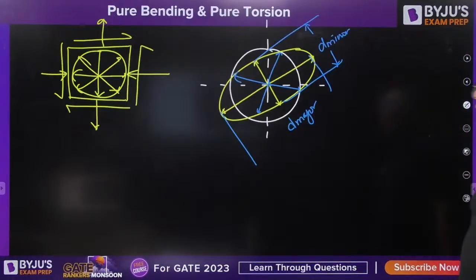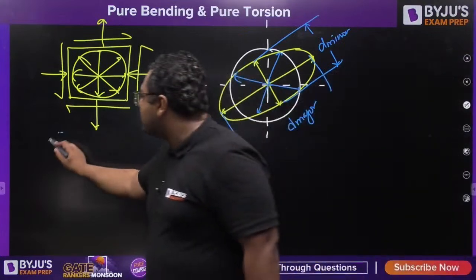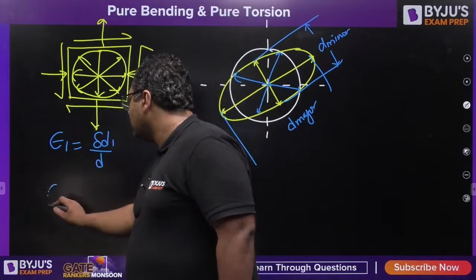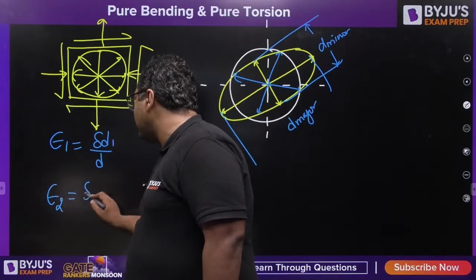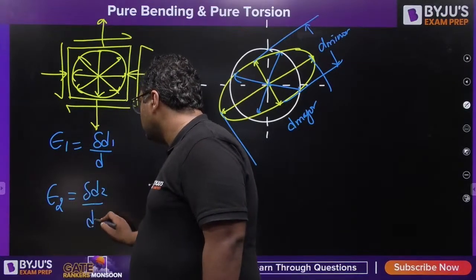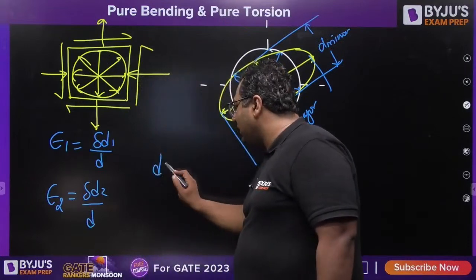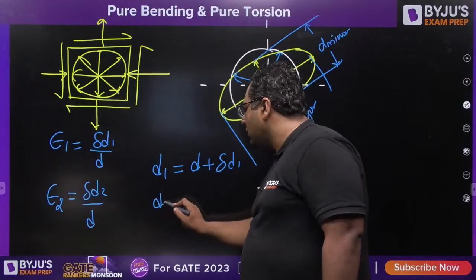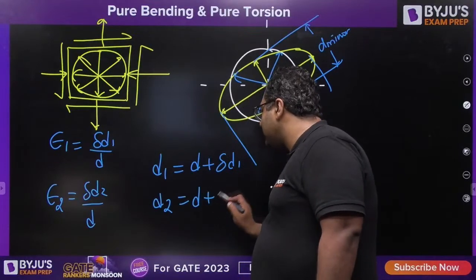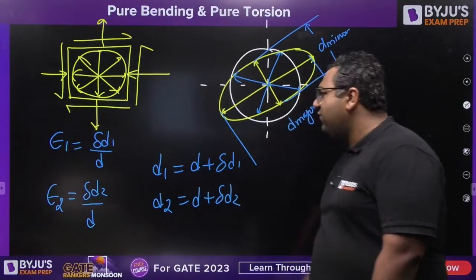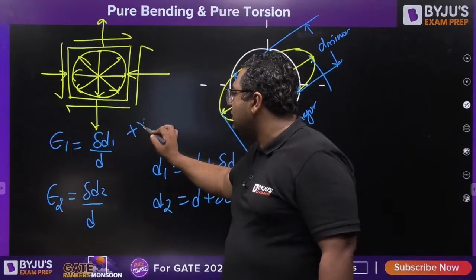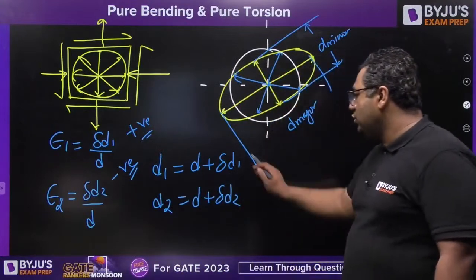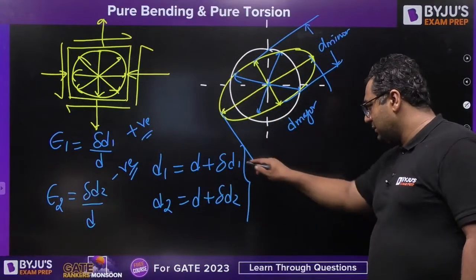After getting epsilon 1, you can write epsilon 1 as delta d1 by d, and epsilon 2 as delta d2 by d. Now d1 is d plus delta d1 and d2 is d plus delta d2. You will find one coming out positive and the other negative. So you will get the answers.